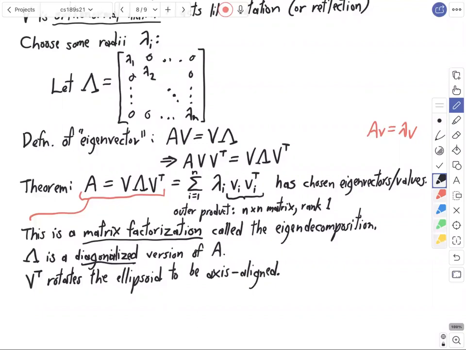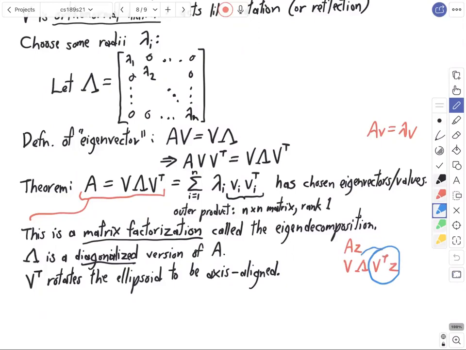When I think about applying a matrix A to a vector, let's think of a vector z. The eigendecomposition tells me I can think of that as a series of three steps. First I apply V transpose to z, which is a rotation. This rotates our coordinate system so that the eigenvectors, the directions in which I want to shrink or stretch things, are now aligned with the coordinate system.